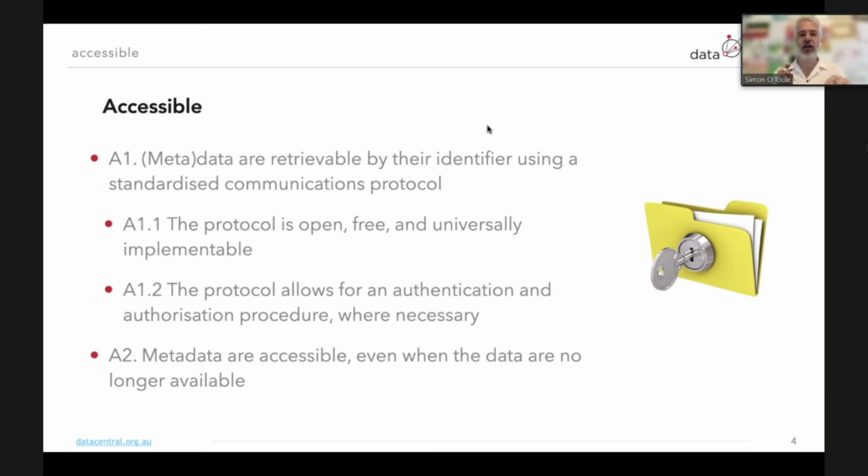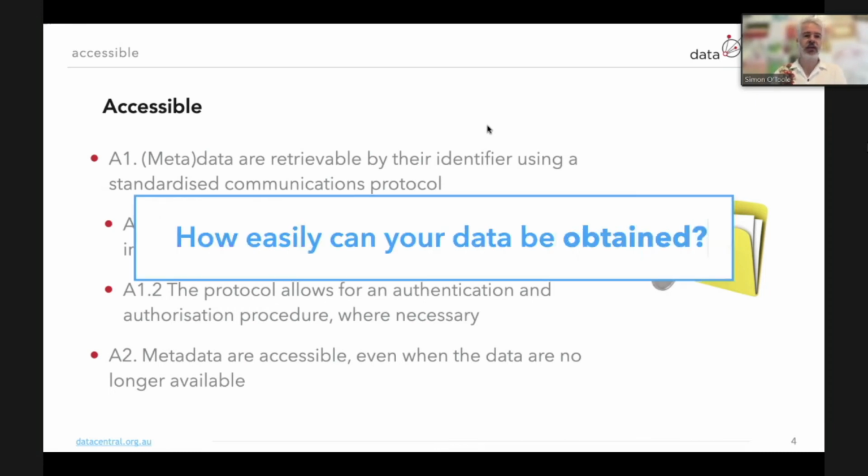And then a key part of this part of the FAIR principles is that metadata should stay accessible even when the data that they describe are no longer available. And this is actually one of the challenging parts of the FAIR principles. So here we have how easily can your data be obtained. That's the simplest way to think about these, as I said, quite dry principles.